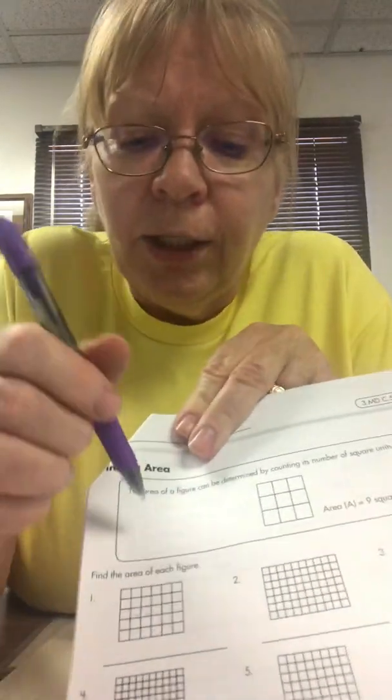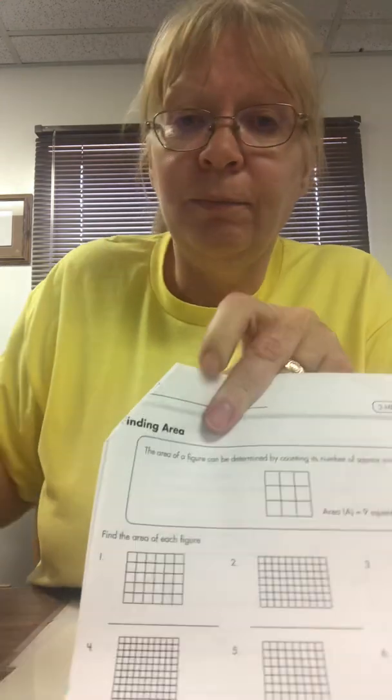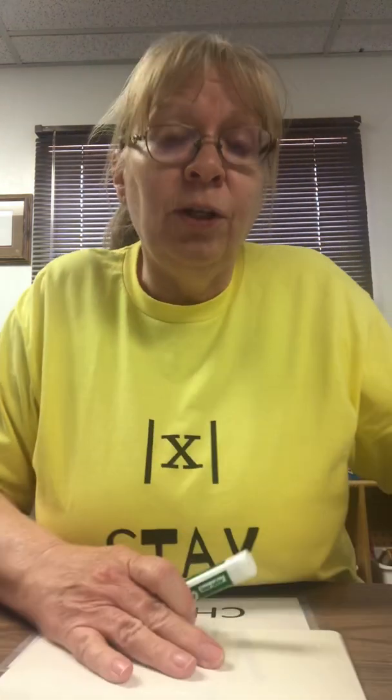All right, if we're looking at this first one, there are 1, 2, 3, 4, 5, 6 squares across. And then there are 1, 2, 3, 4, 5 rows down. So, in order to do this, I could go 6 plus 6 plus 6 plus 6 plus 6 equals.